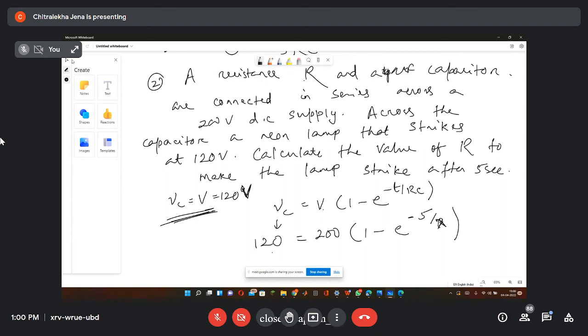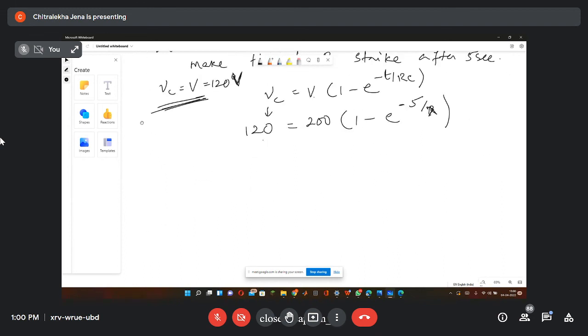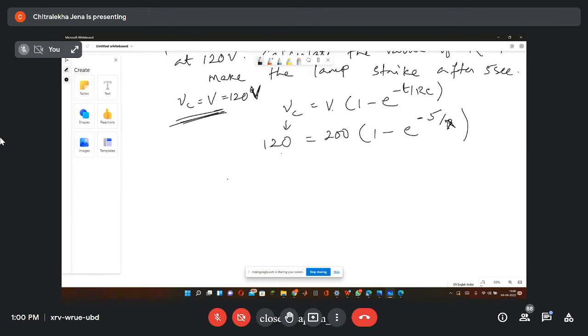So find out what is the value of lambda. 5.46. Very nice. Very smart. 5.46 seconds. Good. So now RC is equal to 5.46 second.